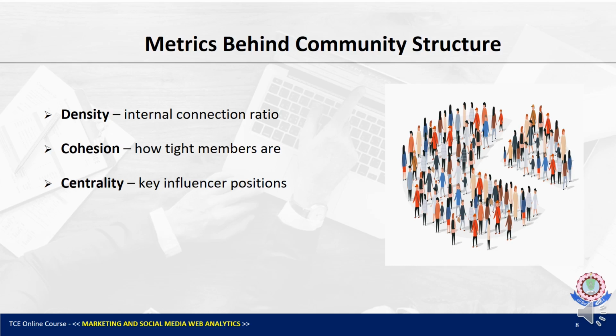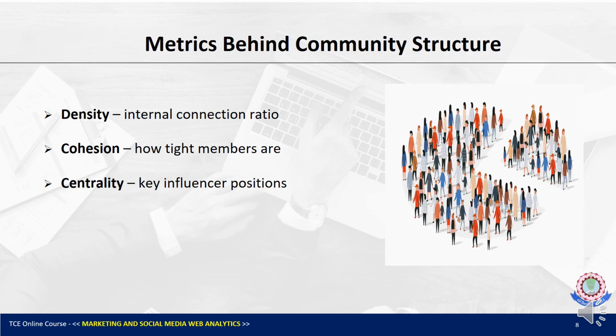Metrics behind community structure. We measure communities using metrics like density, cohesion, and centrality. Density means how many of the possible connections actually exist. Cohesion means how tightly members stay linked.